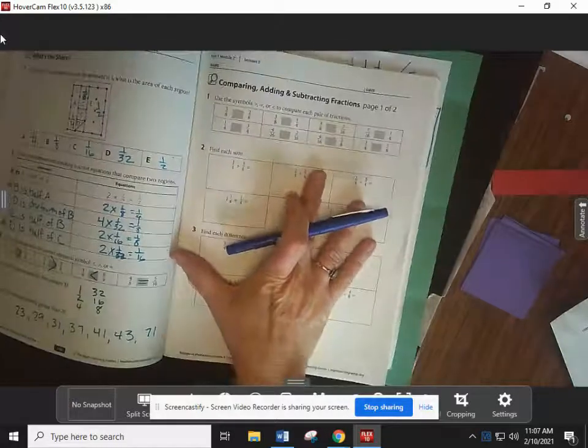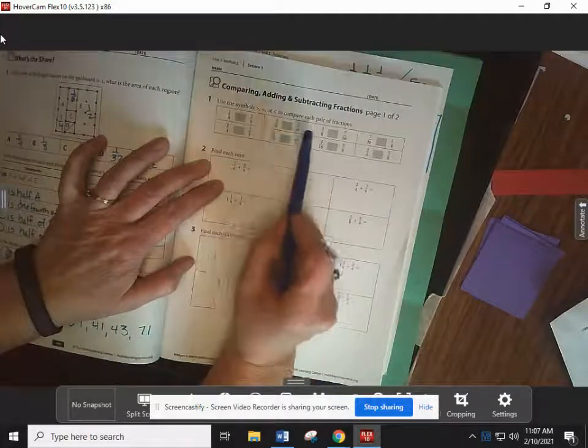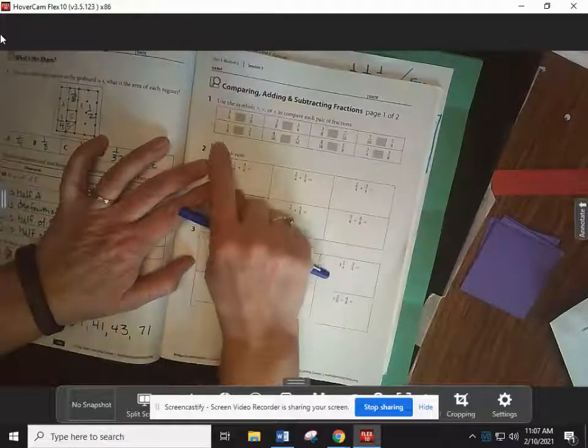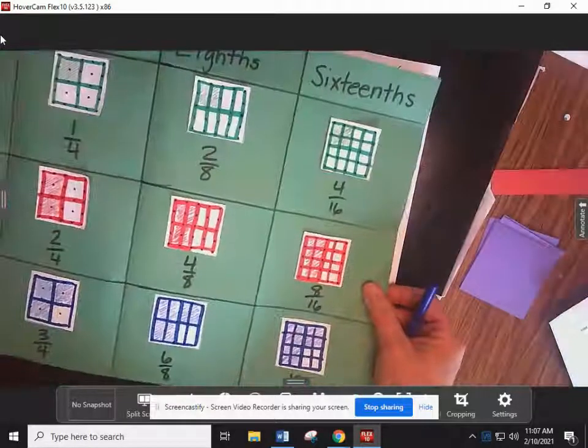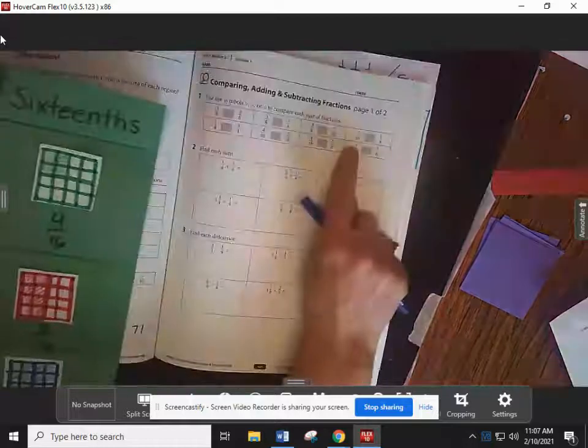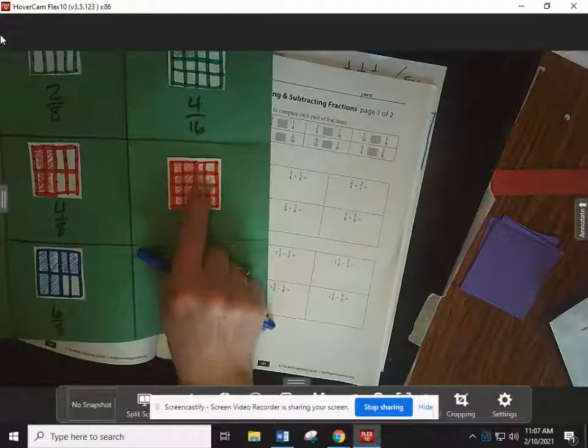Okay, when we look at this page, we need to compare some things. If you notice the numbers, some of that is going to be on here. But I just saw this one where it says 7/16. Is 7/16 on here?